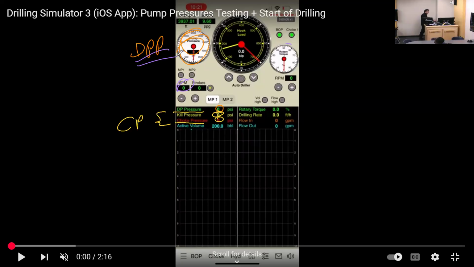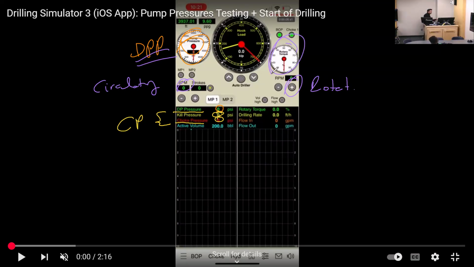Okay, RPM is rotations per minute, revolutions per minute. That's when you are rotating. So this is circulating, this is rotating. And the impact of that is here, the torque, which is the rotational force. Okay?